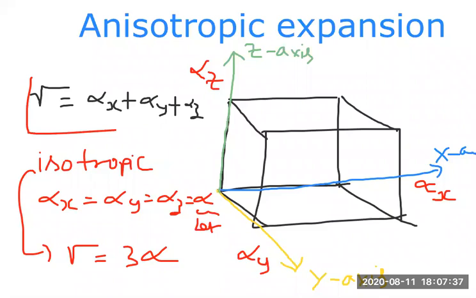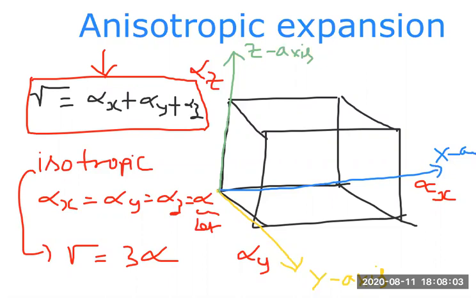So what has happened here? We are discussing anisotropic solids. Anisotropic means the expansion along x axis, y axis and z axis is not the same. That is the reason the coefficients of linear expansion are also different along x axis, y axis and z axis.